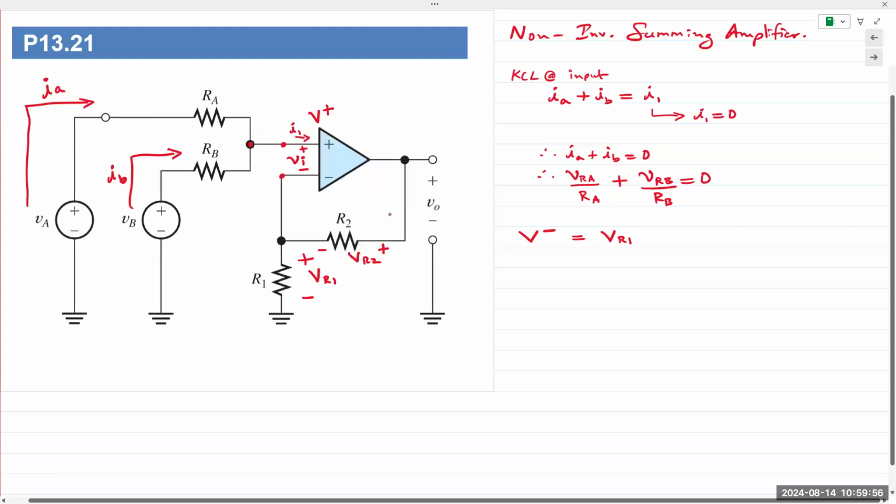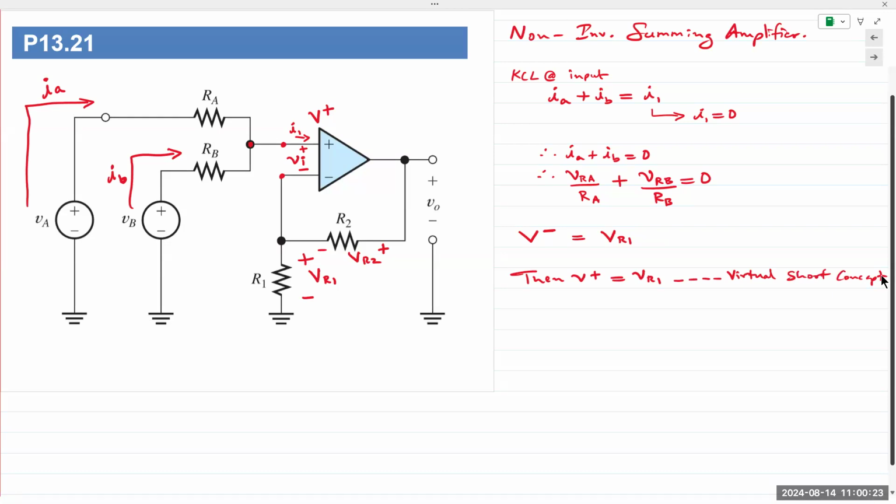And if V minus is VR1, then V plus is also equal to VR1. Virtual short concept, same thing that we did for the inverting amplifier. If one terminal is connected to ground, then the other terminal is also connected to ground because of the virtual short concept. We call that virtual ground. In this case, there is a voltage at the inverting terminal, which is VR1, the voltage across the resistor R1.